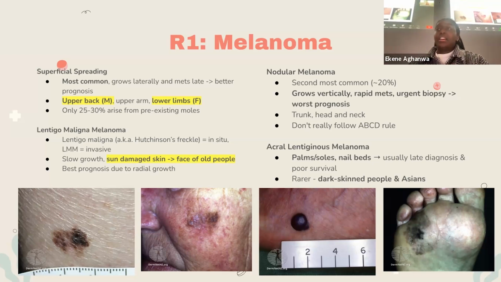Unfortunately, this one has a poor survival rate because it has a later diagnosis. It's more likely to occur in people with dark skin and people of Asian descent as well. So here are some pictures: superficial spreading, lentigo maligna, nodular, and acral lentiginous.